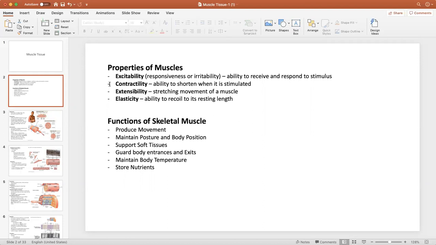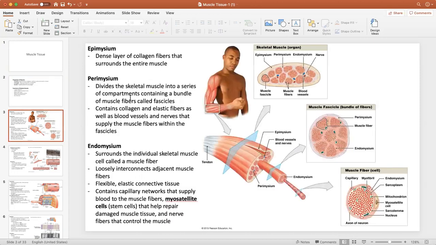Contractility, which means it can shorten. Extensibility, which means it's stretching, and then elasticity, which means it has a recoil and can go back to its original length.